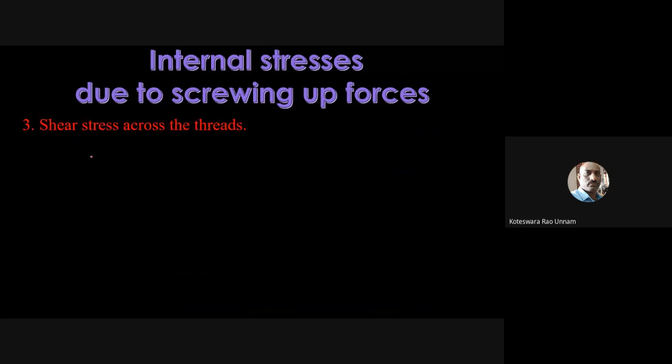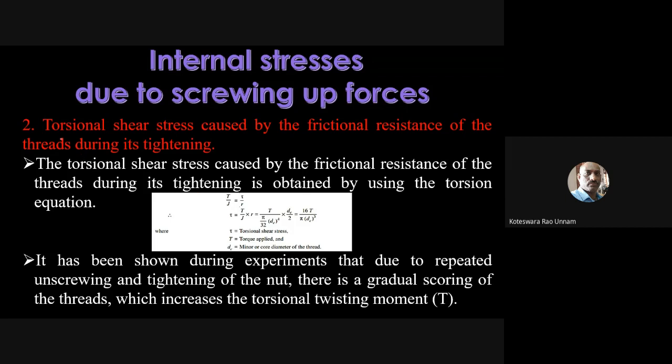Then the third one is shear stress across the threads. In the previous case, what we have seen is the torsional shear stress because of frictional resistance. The third one you can call direct shear stress.